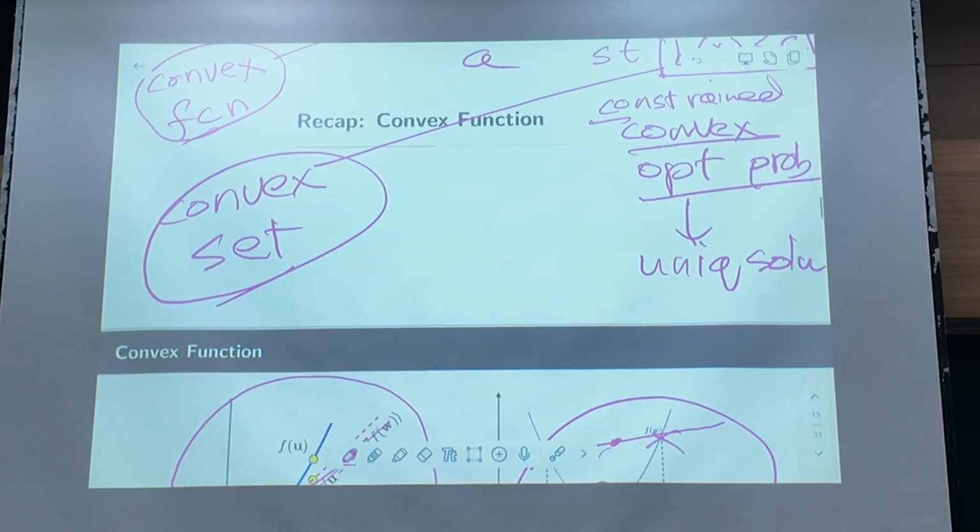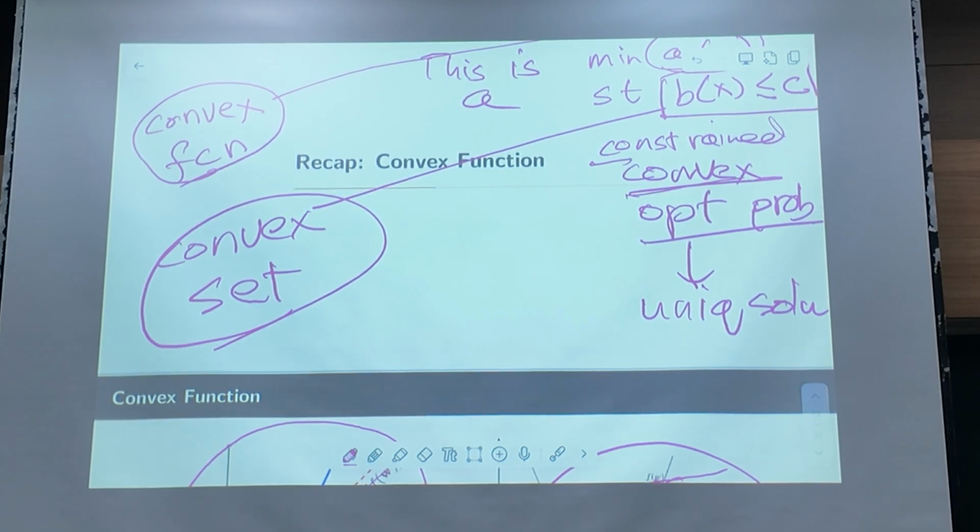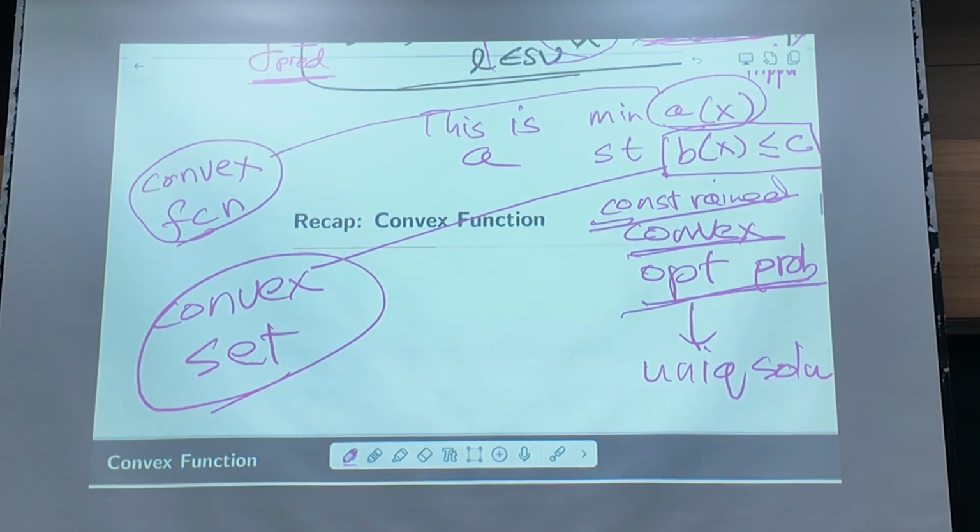Then I talked about constrained convex optimization, which leads to a unique solution. Convex optimization is defined as minimizing a convex function over a convex set.